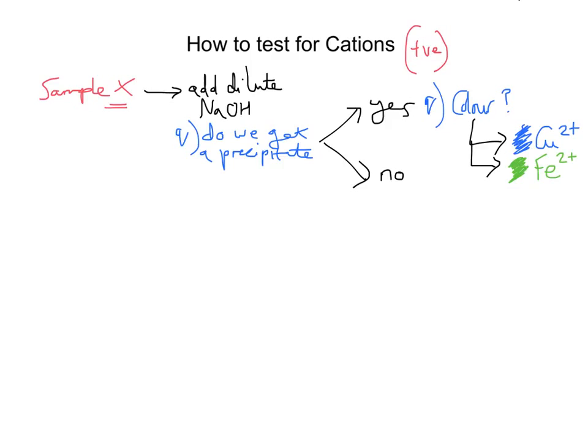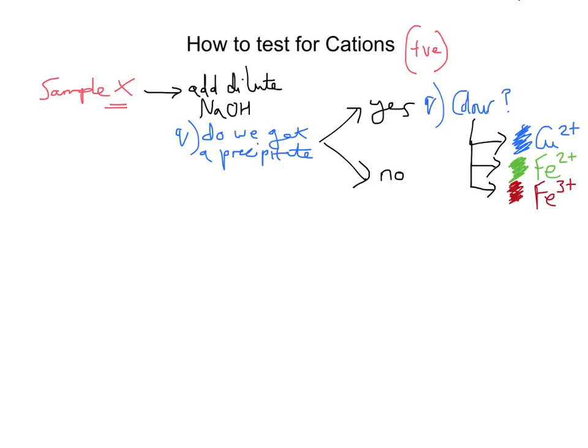And finally, if we have got a precipitate and that precipitate happens to have the colour of brown, then the ion or cation that we've found is again an iron but Fe3+, with a 3+ charge on it. So if we add dilute sodium hydroxide to our unknown sample and we get a precipitate, if it's one of these three colours, we found those three.